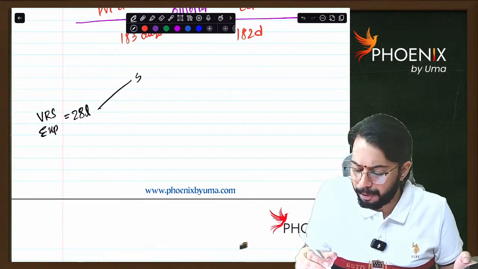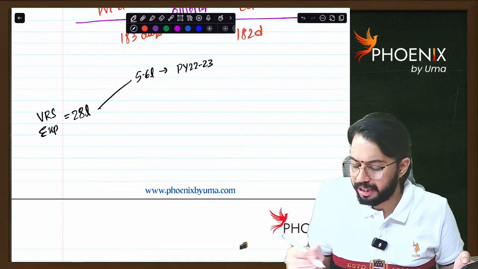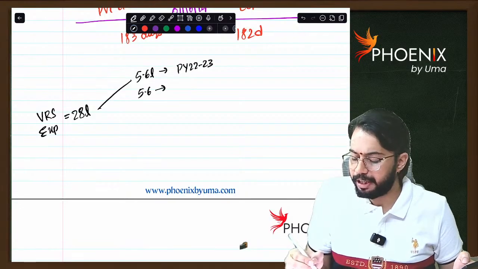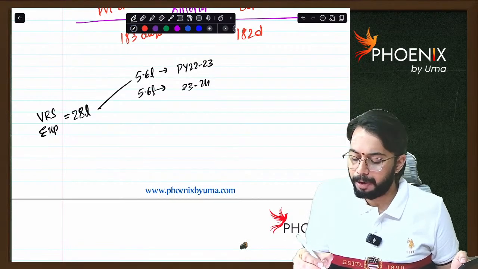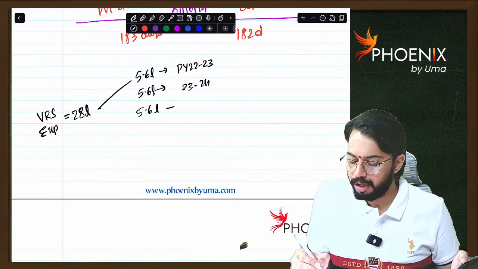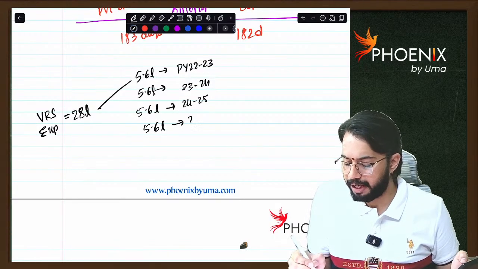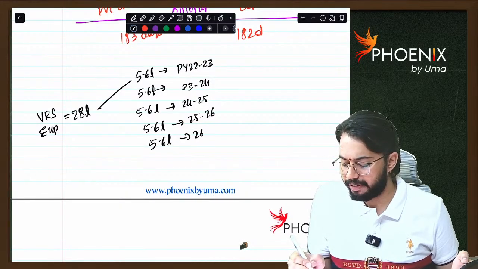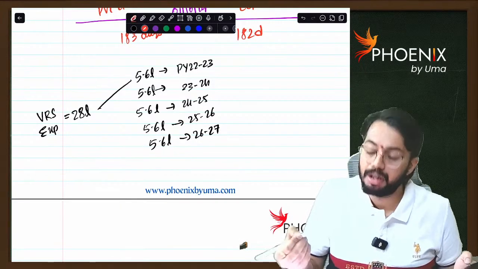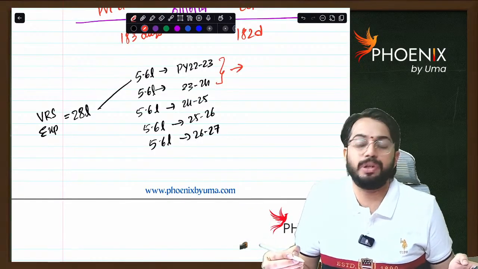Every year 5.6 lakhs will be allowed as deduction starting from 22-23. 5.6 lakhs in 22-23, 5.6 lakhs in 23-24, 5.6 lakhs in 24-25, 5.6 lakhs in 25-26, 5.6 lakhs in 26-27.